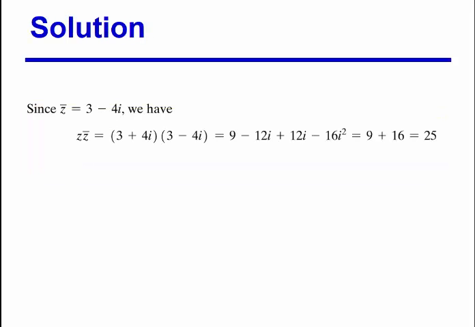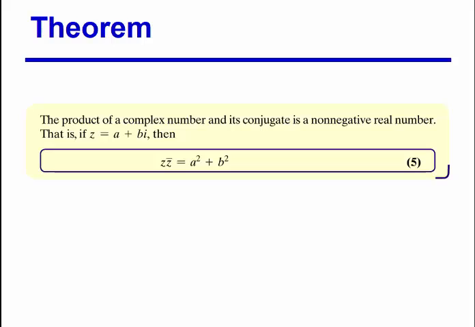Just one thing about this: when we multiply a complex number times its conjugate, the result is a real number. The product of a complex number and its conjugate is a non-negative real number. That is, if z is equal to a plus bi, then z times z bar is simply a squared plus b squared.